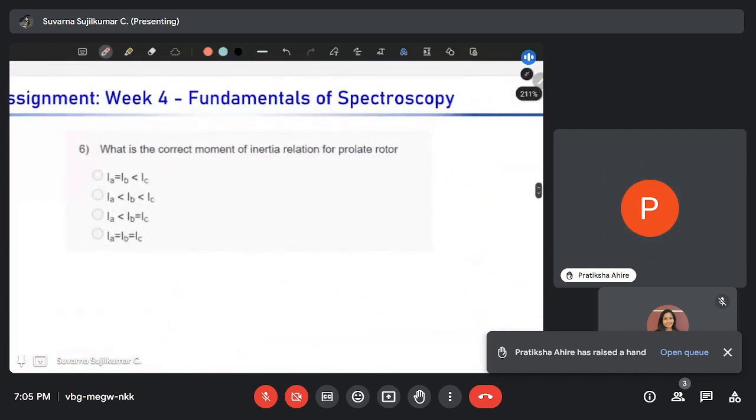And the next question: what is the correct moment of inertia relation for a prolate rotor?